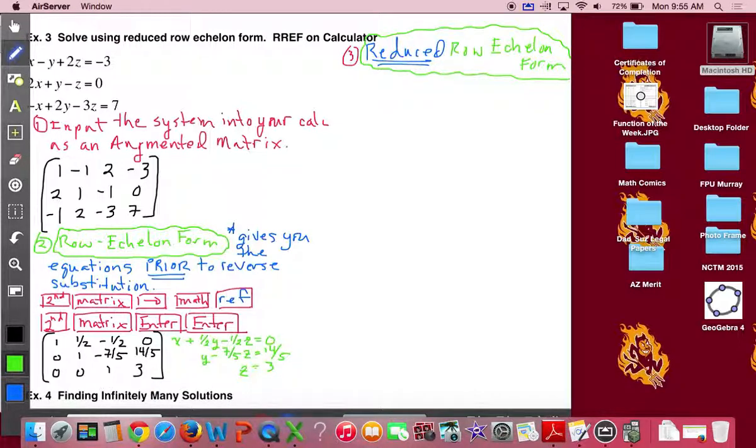What's wrong? You good? Okay, so the difference between row echelon form and reduced row echelon is phenomenal. Reduced row echelon actually solves the whole problem for you. It solves the system for you.